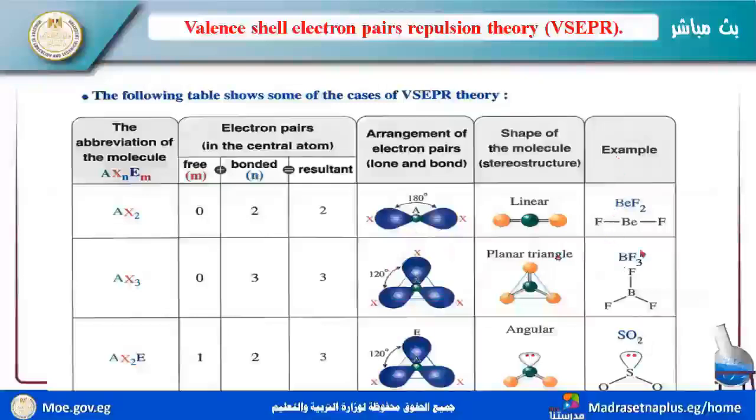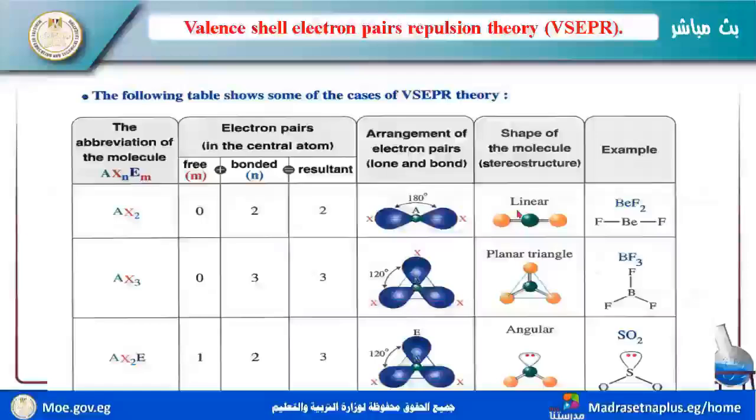Now, the stereo structure of this molecule is linear. Why is it linear? Because the angle is 180 degrees between the two bonds. Why 180?